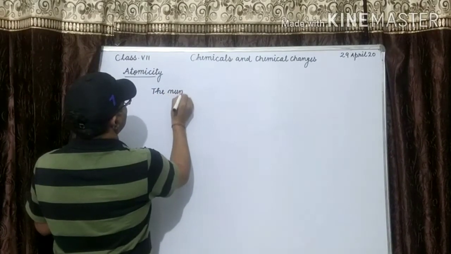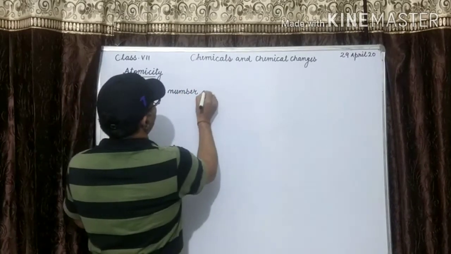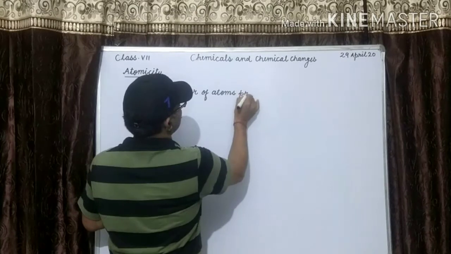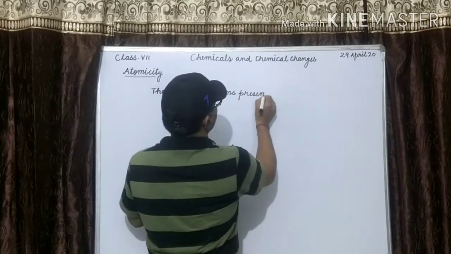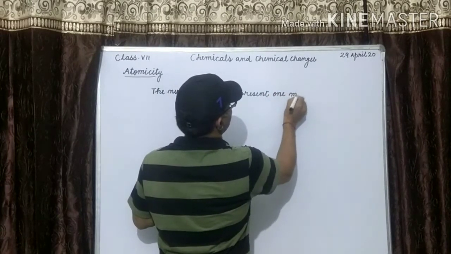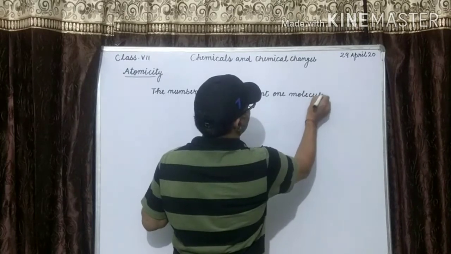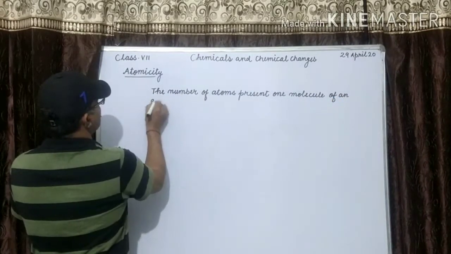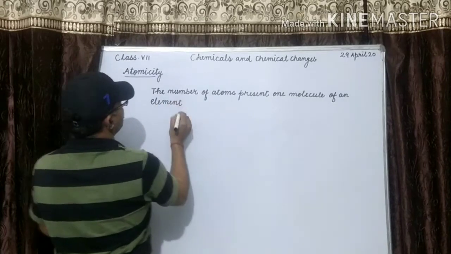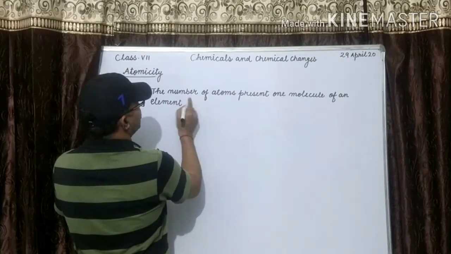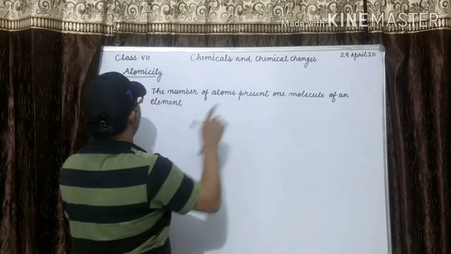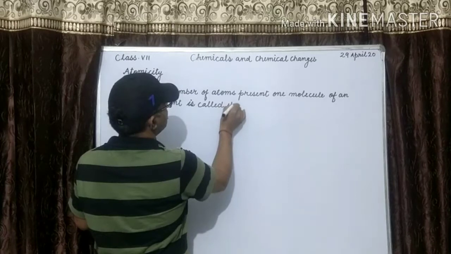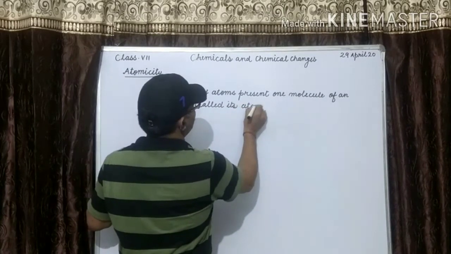The number of atoms present in one molecule of an element is called its atomicity.